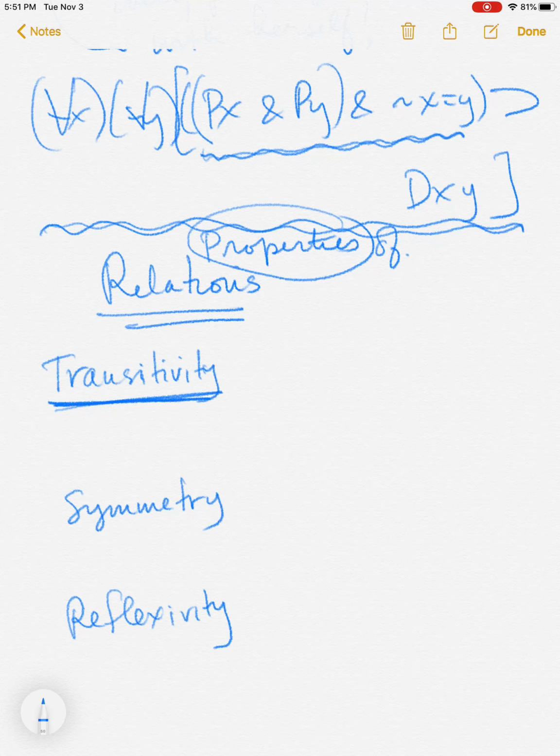Here's how you would express that some relation R is transitive, where R is some two-place predicate, two-place relation.